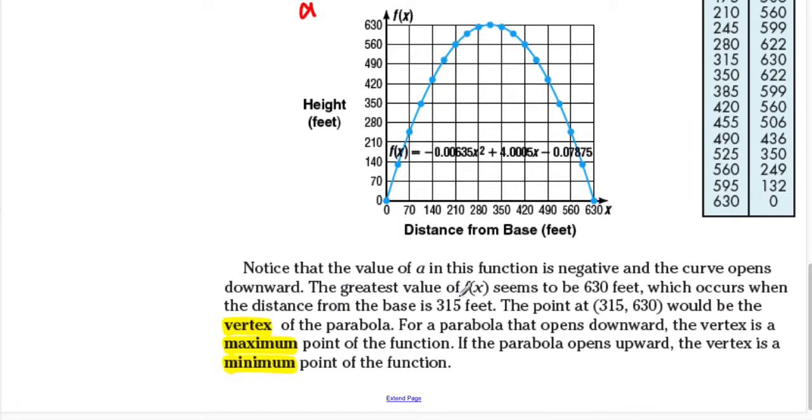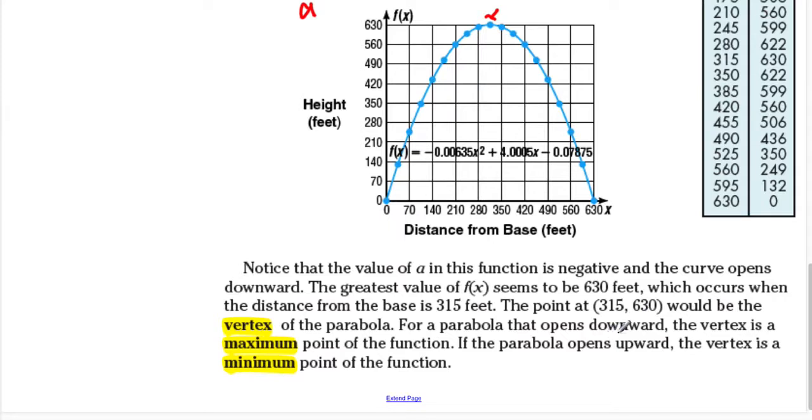The greatest value of f of x seems to be 630 feet, which occurs when the distance from the base is around 315 feet. So the point 315, 630 would be the vertex of our parabola.